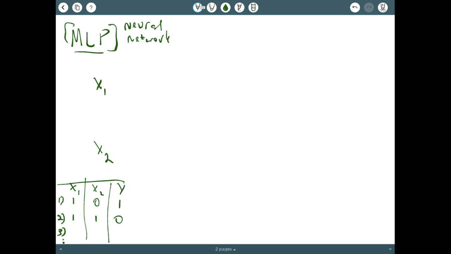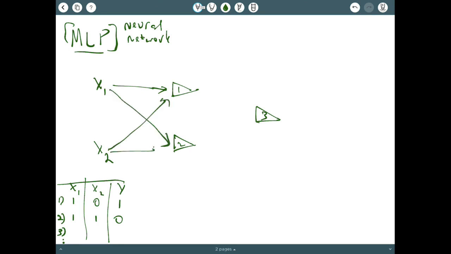So let's say we have x1 and x2, and we put a neural network between them. Let's denote them by 1, 2, 3. So we have these 3 units of a neural network. We can also call them perceptrons or neurons. x1 is connected to neuron 1 and neuron 2. x2 is also connected to neuron 1 and neuron 2.